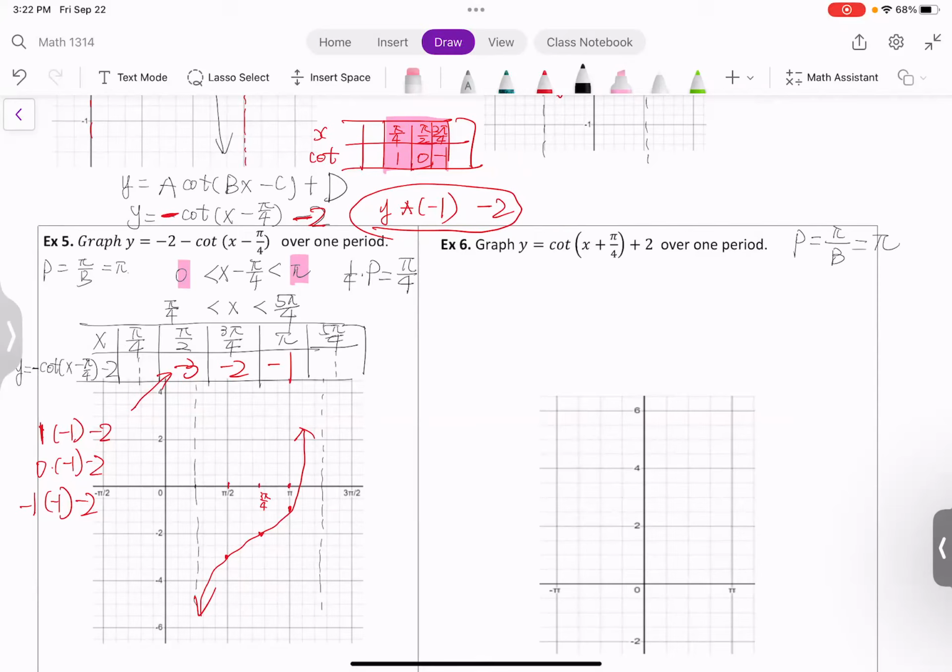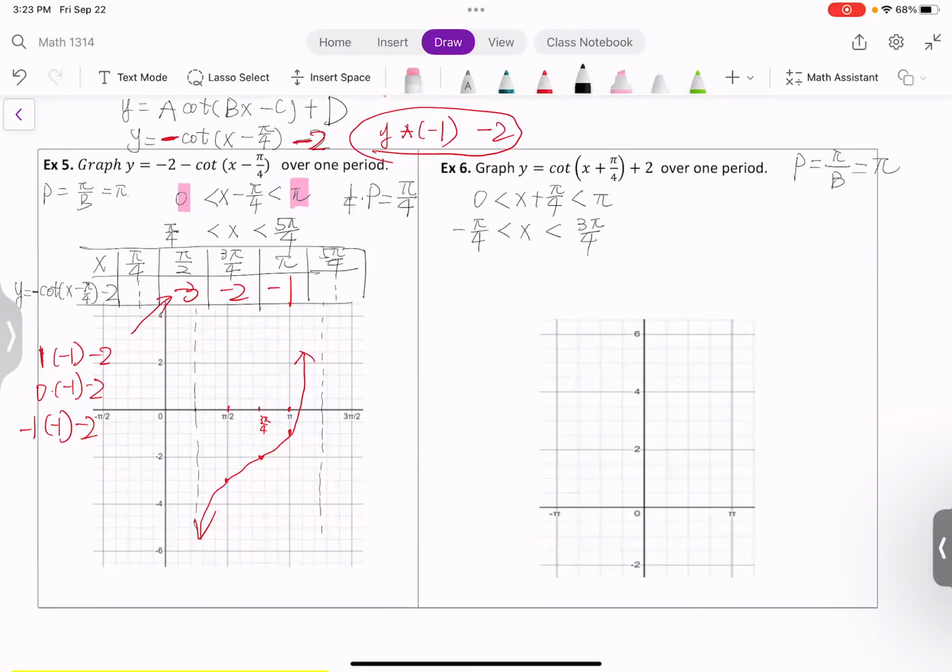And how about 1 full cycle? So x plus pi over 4 is between, this is cotangent, between 0 and pi. So solve the x is between -pi over 4 to 3 pi over 4. Okay, I found the 1 full cycle.